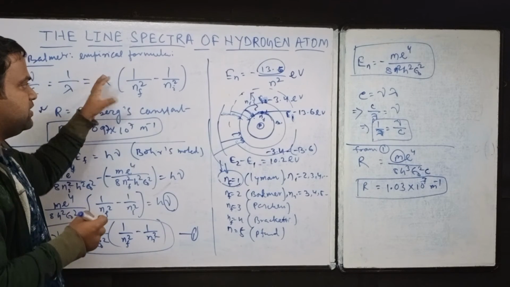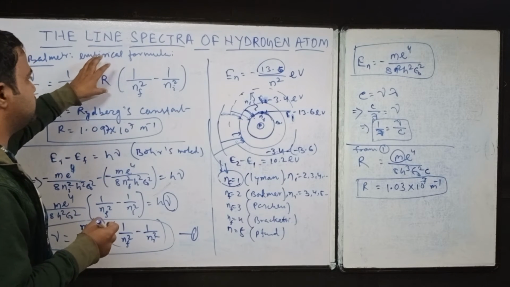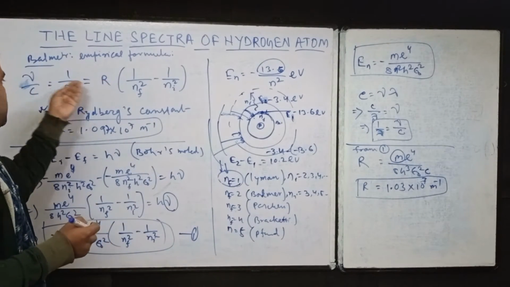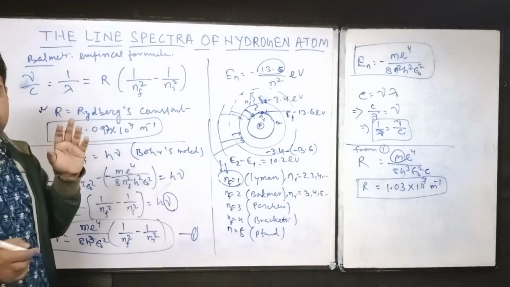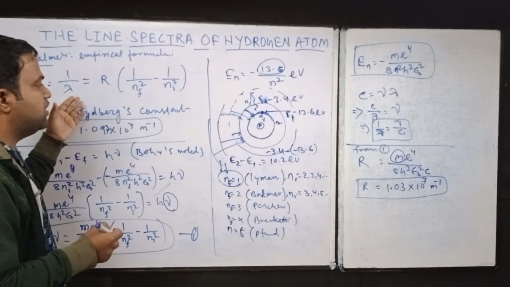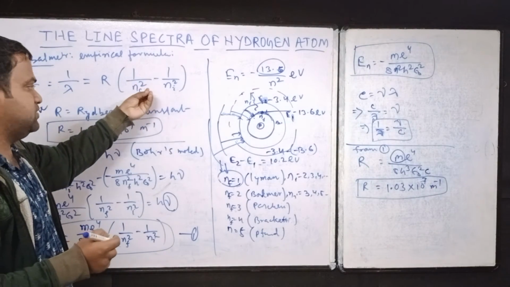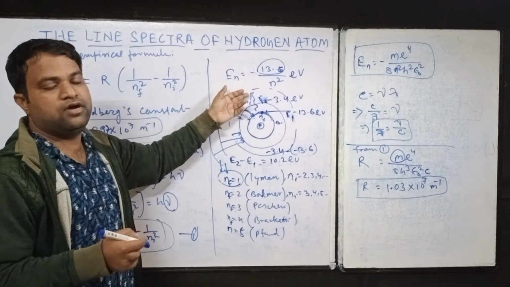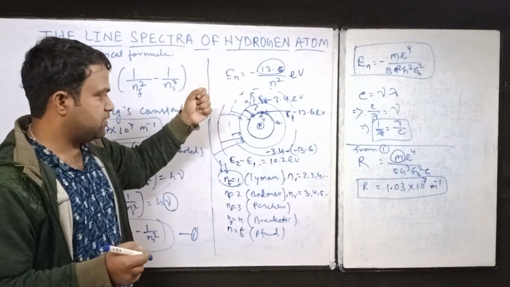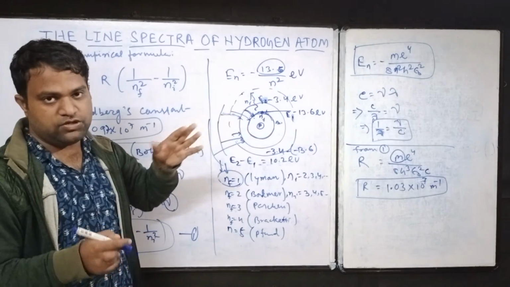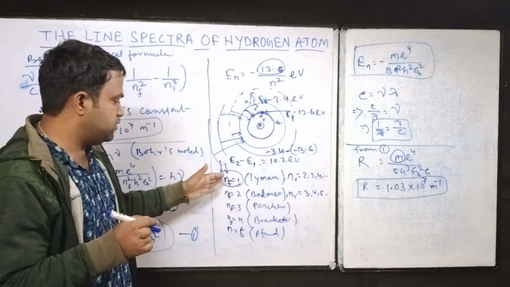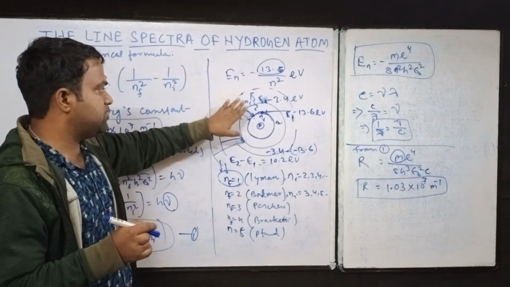Suppose the question will be like this: calculate the wavelength associated with the Balmer series when the electron is allowed to jump from n equal to 3. Balmer series means the final level nf will become 2, right? So it's jumping from 3.